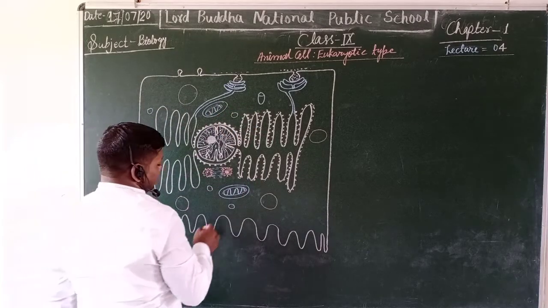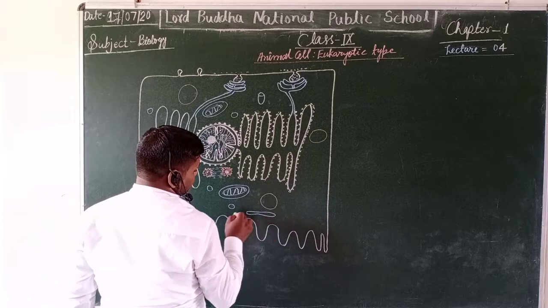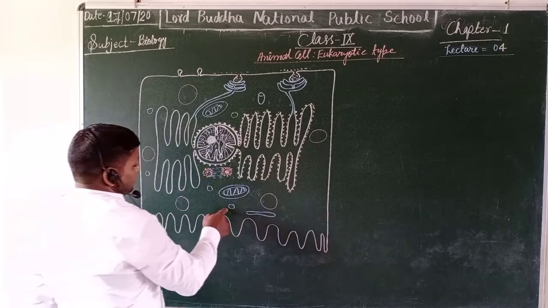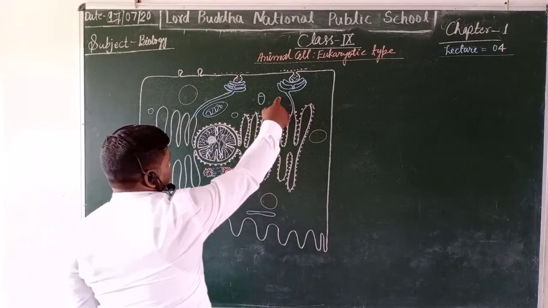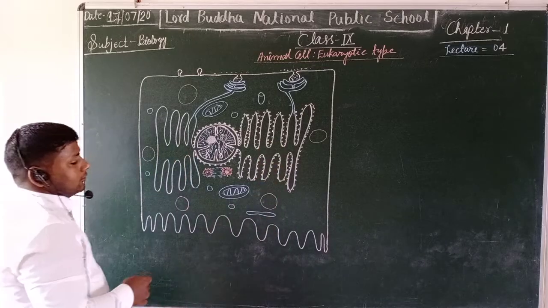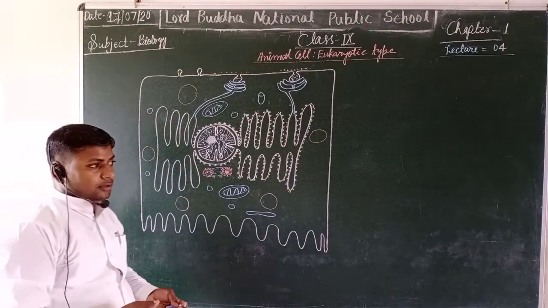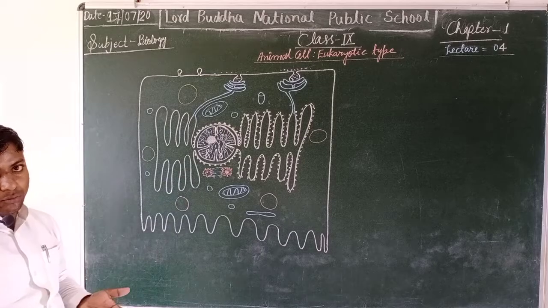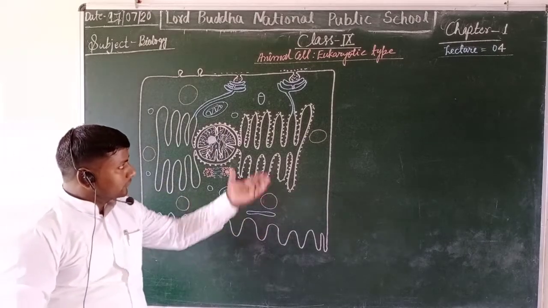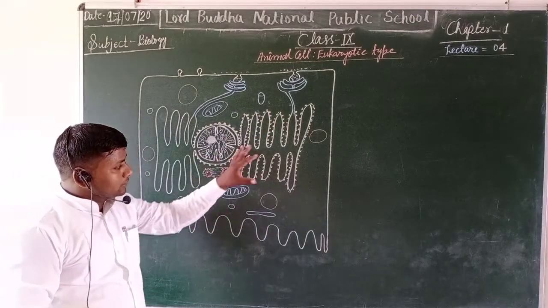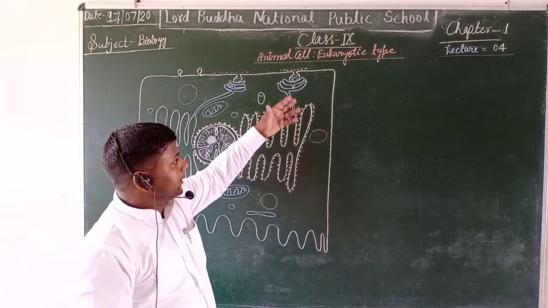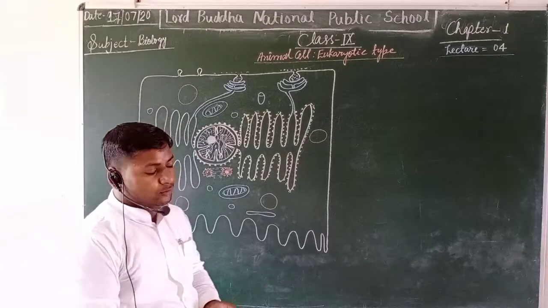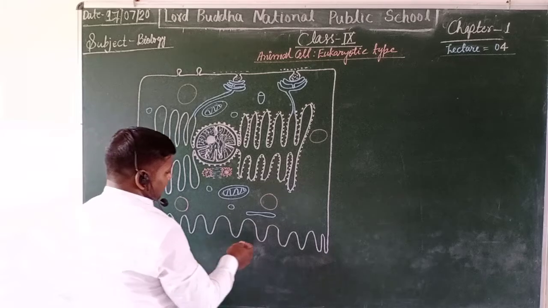These are called vesicles and tubules. The vesicles and tubules are formed by the breakdown of the Golgi body, whereas the Golgi body is formed after the breakdown of endoplasmic reticulum. Yes, this is the fact, students.